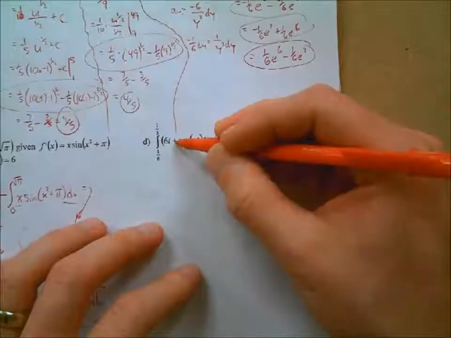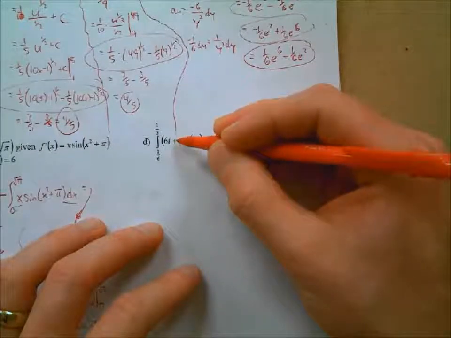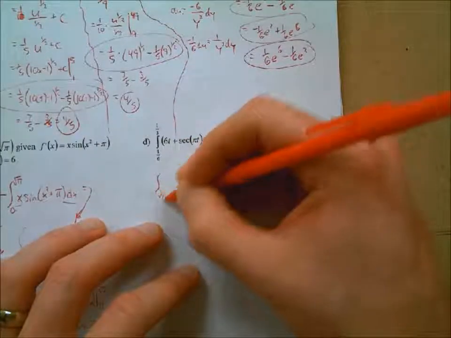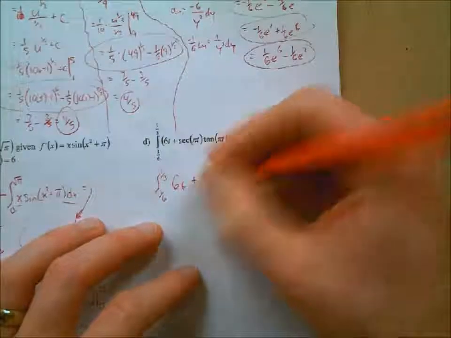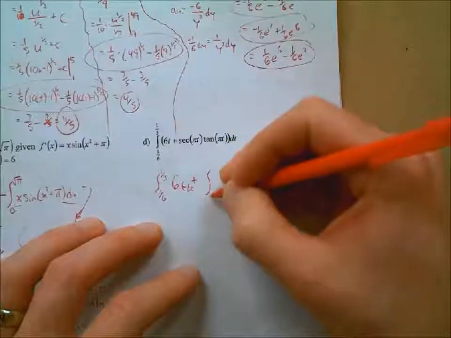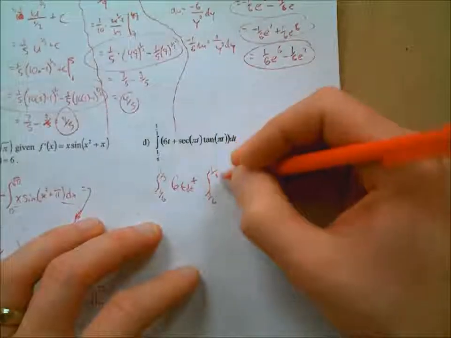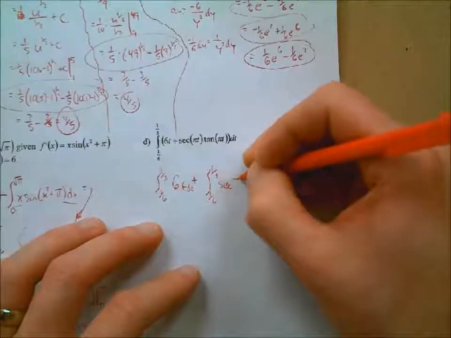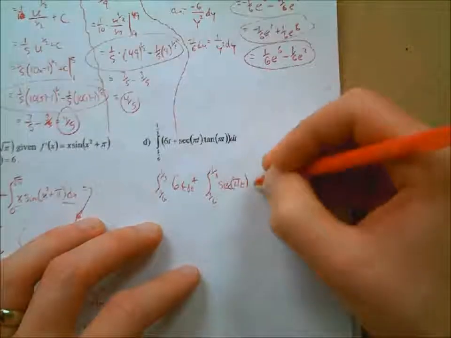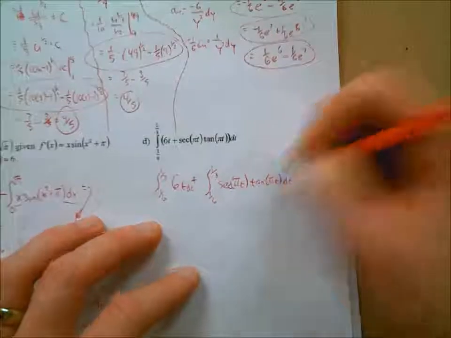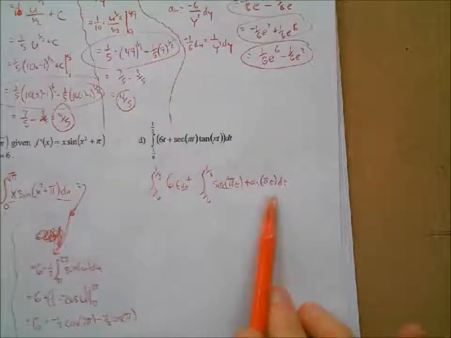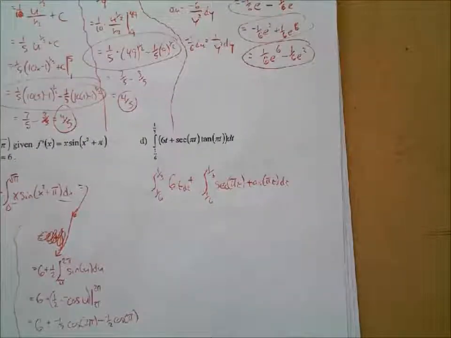Since this integrand here is a sum, we can break it up over the sum, and I'd recommend that we do, in fact, do that here. And yes, it's important that you have dt's for both of the integrands there.